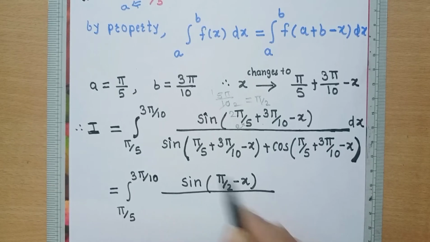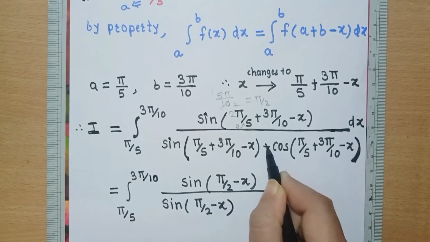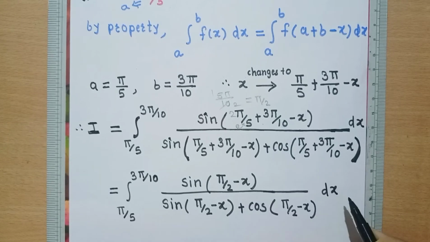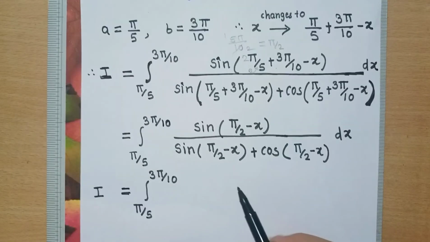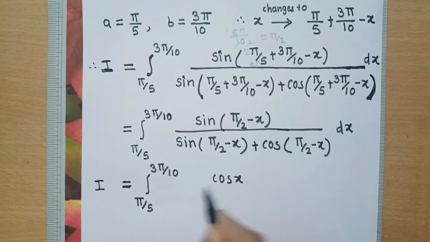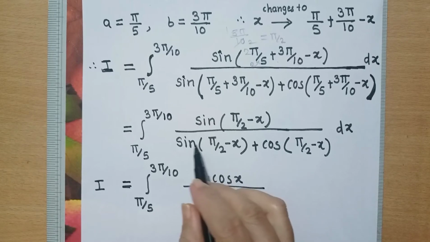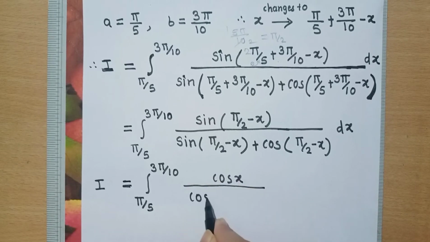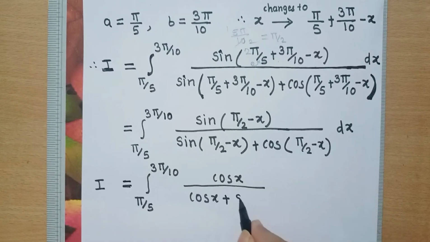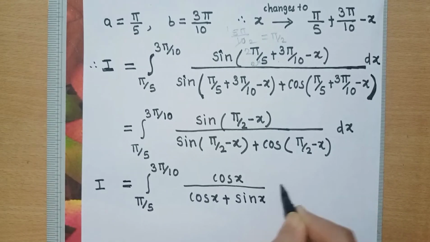In the denominator also we will write this as sine of pi by 2 minus x. Then again the middle sign plus, and then cos of, dx. Again this is equal to: sine of 90 minus x is cos x, and here sine of 90 minus x is cos x, and cos of 90 minus x is sin x, dx.